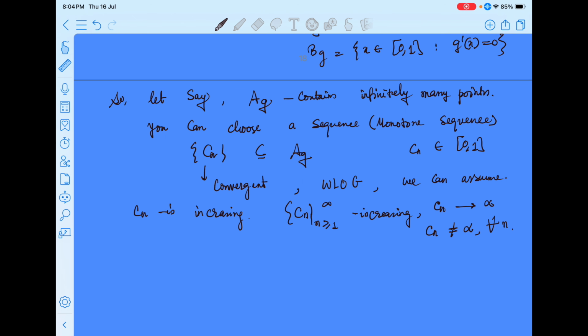So let us just assume that. Then alpha is also inside (0, 1), because if Cn is convergent and Cn are inside (0, 1), then alpha is also inside [0, 1].